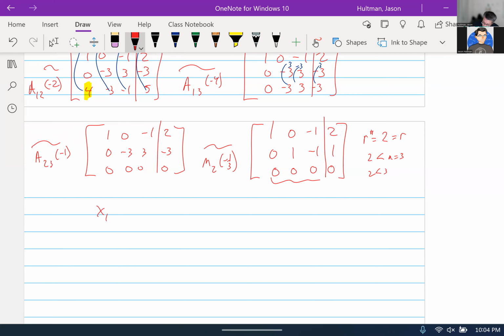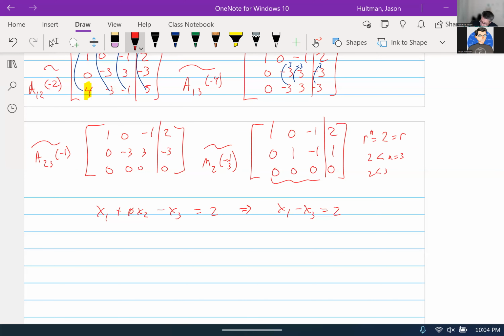I will say that x1 plus 0x2 minus x3 is equal to 2. That's going to become x1 minus x3 equals 2. Boom, that's my first equation.